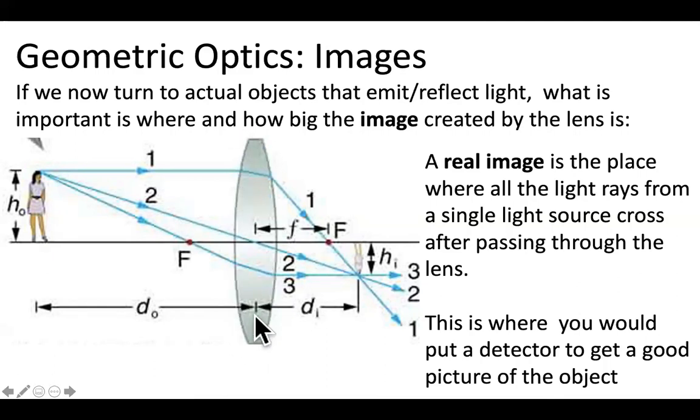Now, a properly designed lens will also concentrate light from a nearby object, and it will produce a place where all of these light rays cross. It's not the focus. The focus is here. It's where parallel light rays will cross. This is a different point in space, but it still exists if you've built the lens properly.